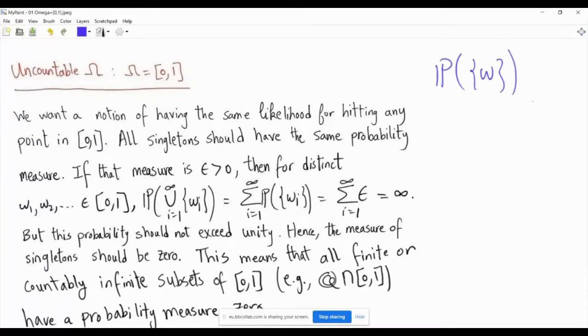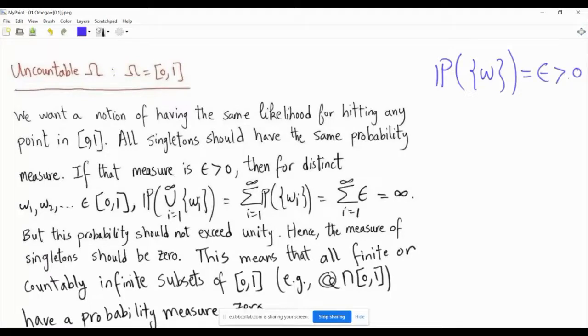So we have two options. The first option is that we give a positive probability, epsilon, which is greater than 0. But here is the problem. If we want a notion of uniformity, a uniform probability measure, then all the singletons will be assigned the probability epsilon, which is strictly positive.